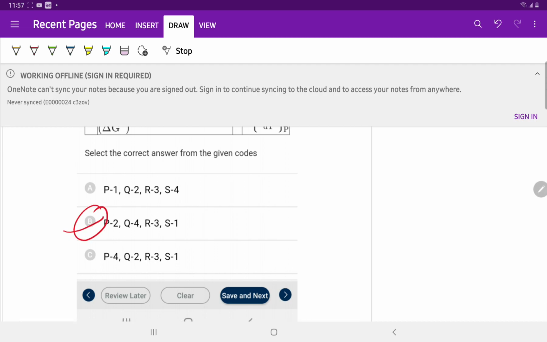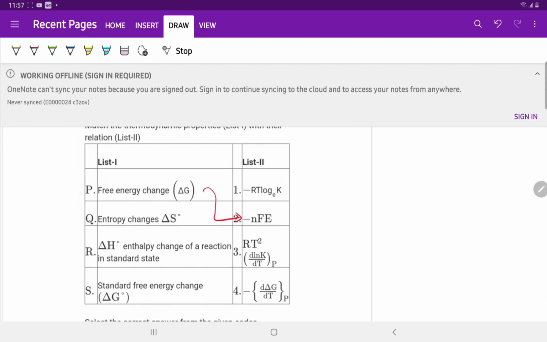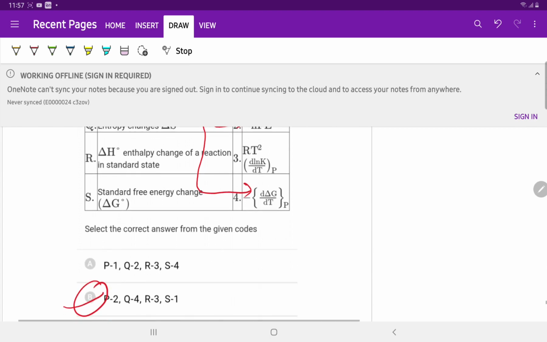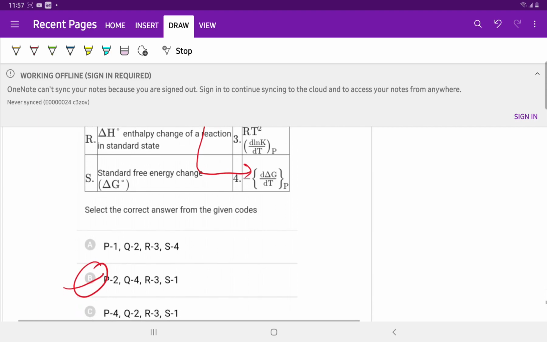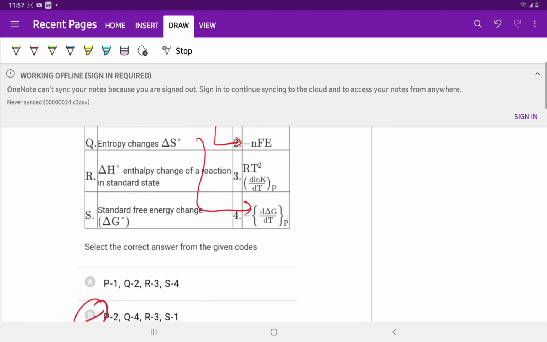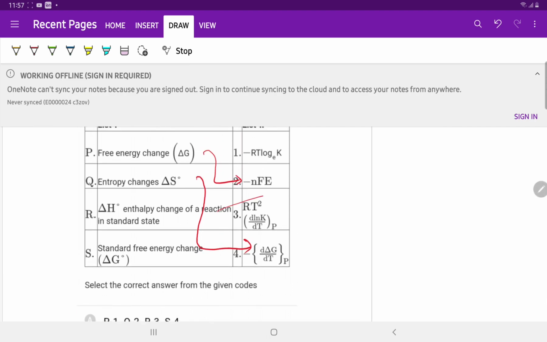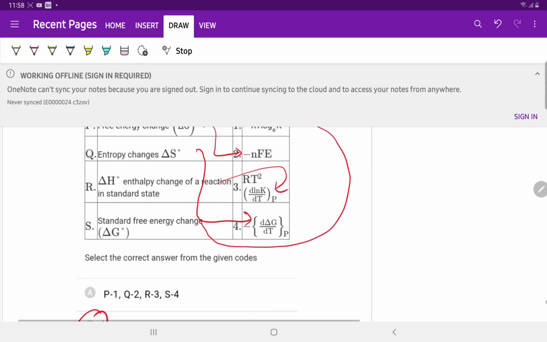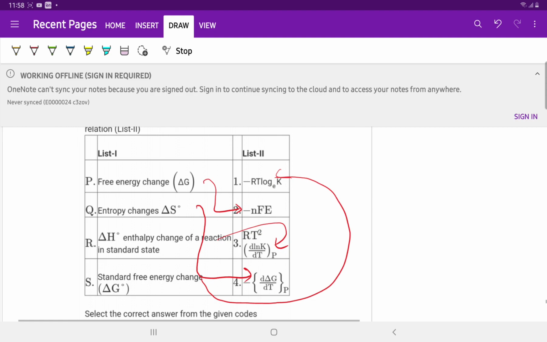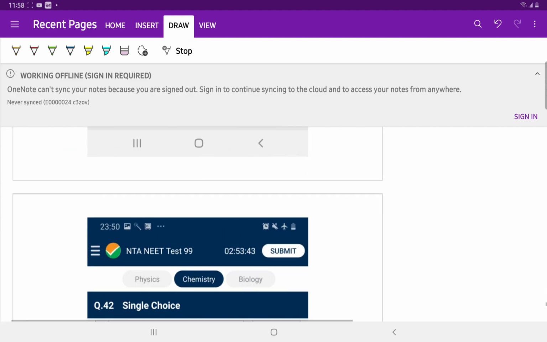Q is standard entropy change: change in Gibbs free energy with respect to temperature at constant pressure. And the enthalpy change of a reaction in standard state is given by this expression, and standard Gibbs free energy is delta G naught equal to minus 2.303 RT log K. So for question number 42, option B is correct.